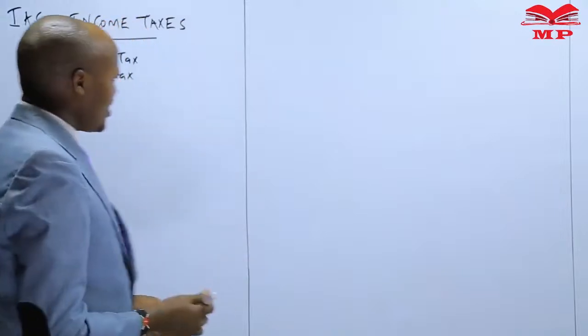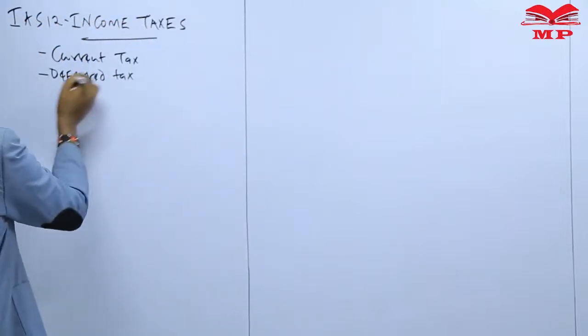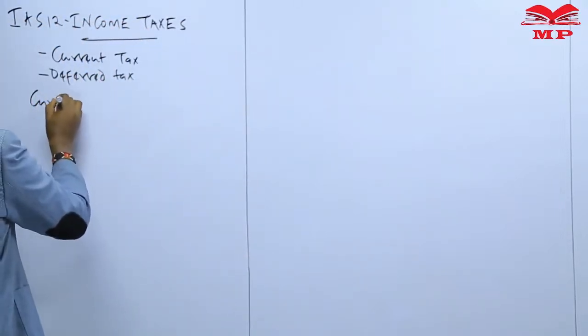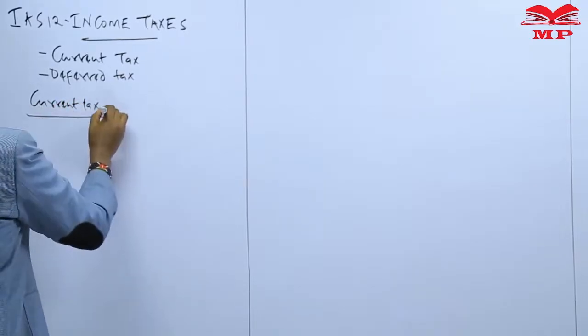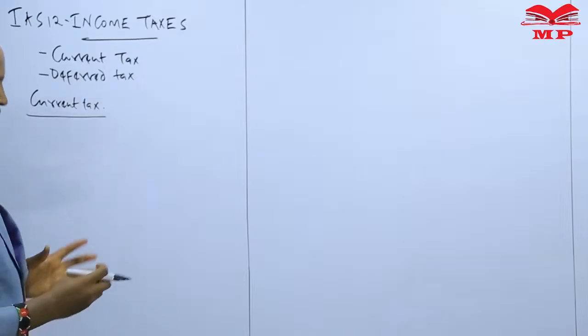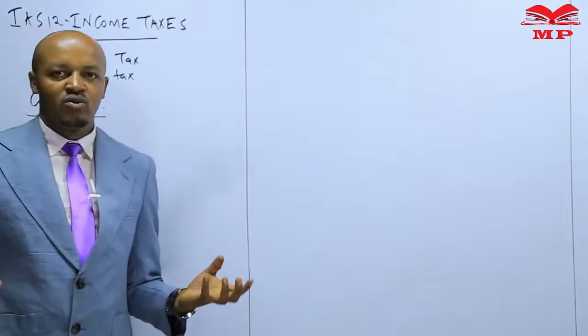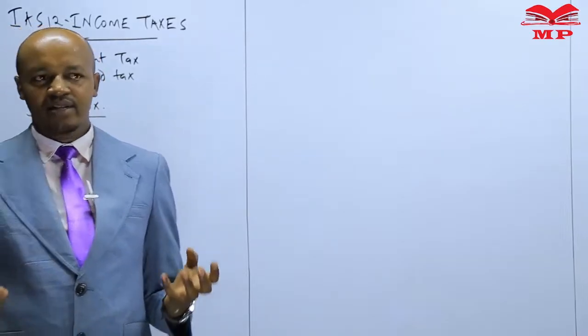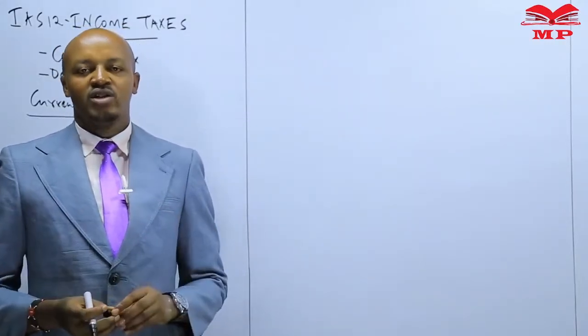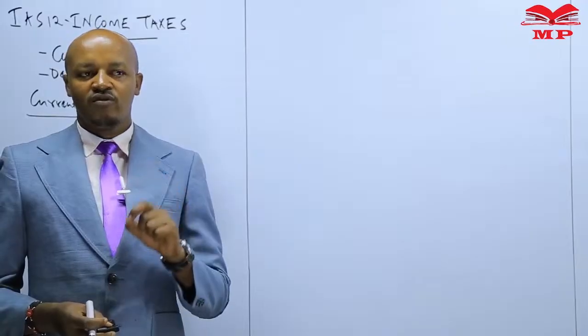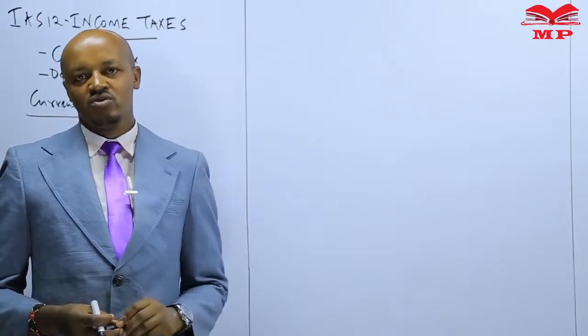Now, to start with the first type of tax here, that is the current tax. This refers to the actual amount of tax which a company is supposed to pay to the government in respect of the trading activities of a certain reporting period.